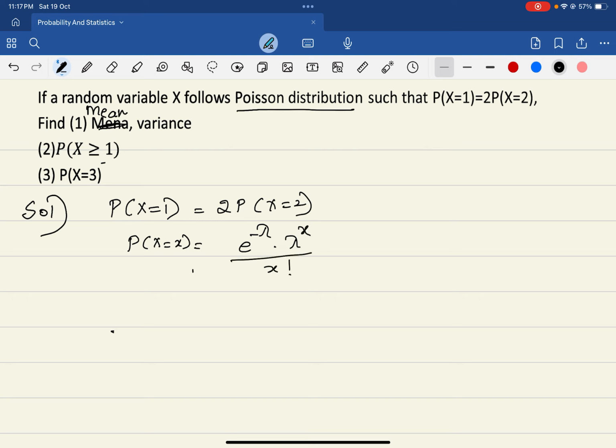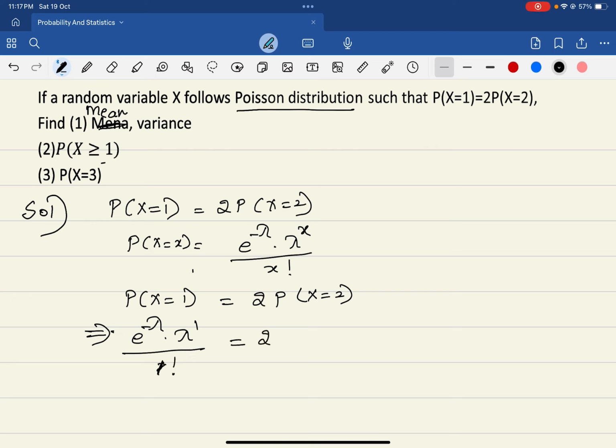So P(x = 1) is equal to twice P(x = 2) implies e raised to minus lambda, lambda power 1 over 1 factorial, is 2 times e raised to minus lambda, lambda power 2 over 2 factorial, and 2 factorial is 2.